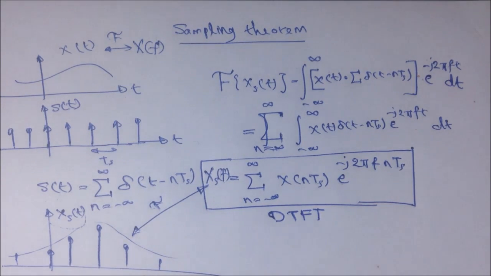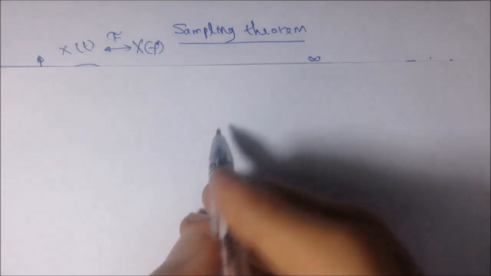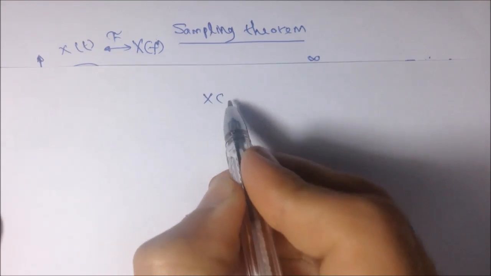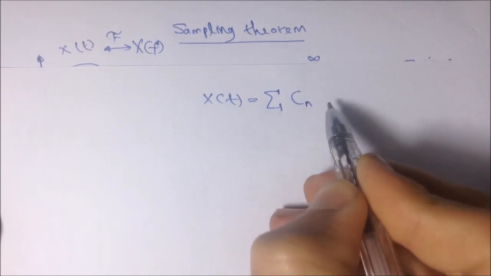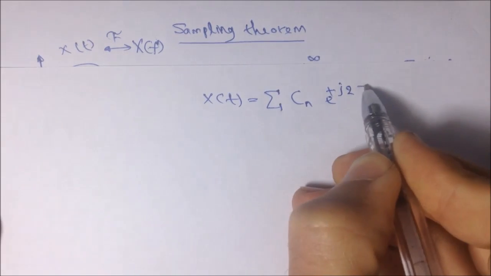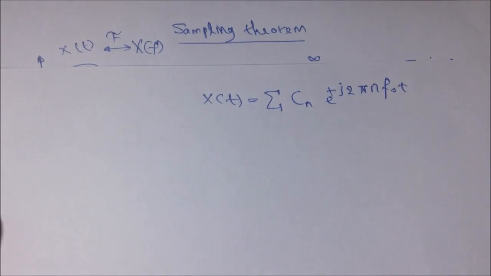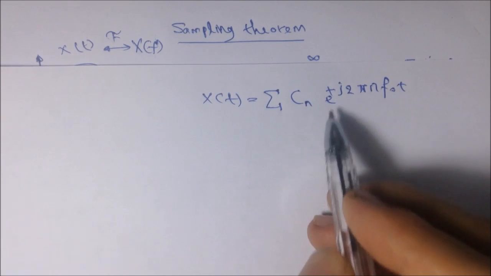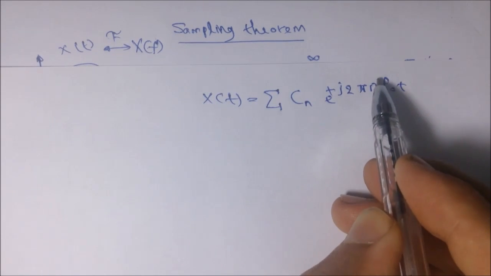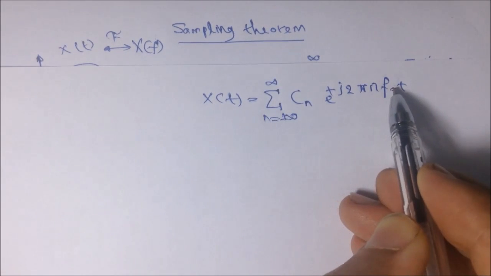This is actually similar to what we saw in the Fourier series. If you remember the synthesis formula from the Fourier series, where we had x(t) equal to the summation of c_n e^(+j2πnf_0t), we were adding harmonics, frequencies that are multiples of f_0, with n from minus infinity to infinity: 1, 2, 3, 4, 5.